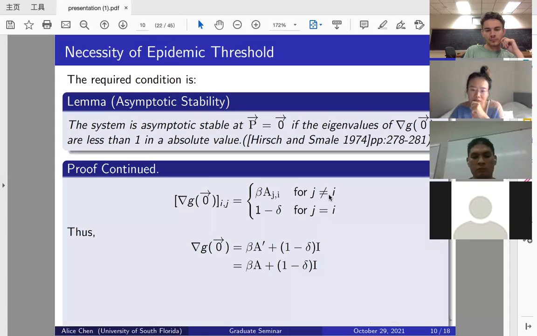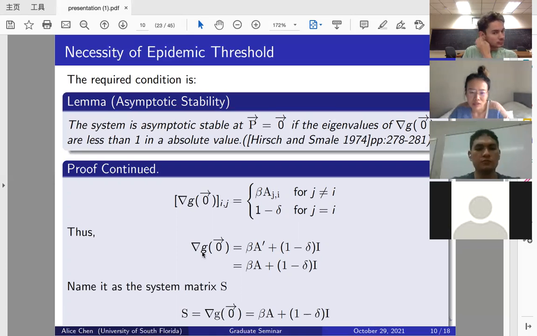And if i is not equal to j, you have the adjacency matrix times beta. We combine the two into this form, and that equation holds because the adjacency matrix is symmetric, so A prime is equal to A.